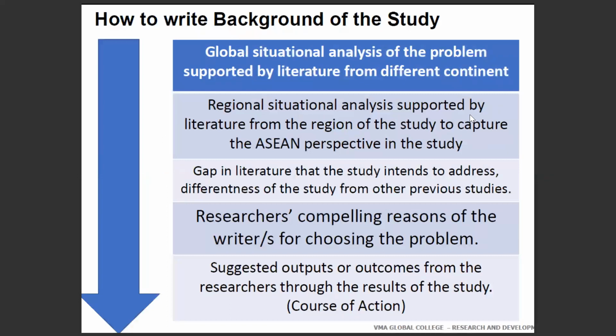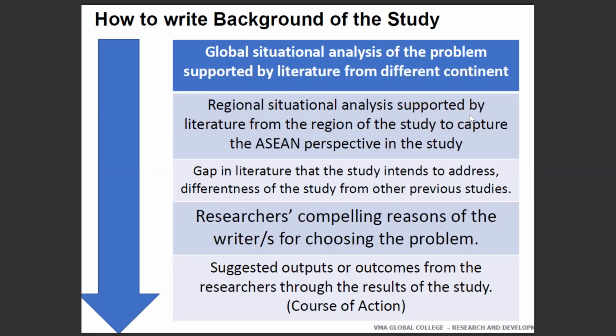The first part should be the global situation analysis of the problem supported by literature from different continents. Note about the global setting, it should contain the foreign literature that you were able to research on about the particular concept that you're currently studying.